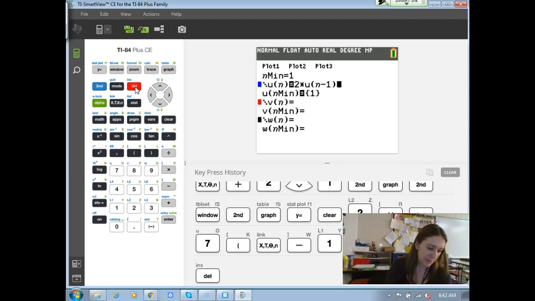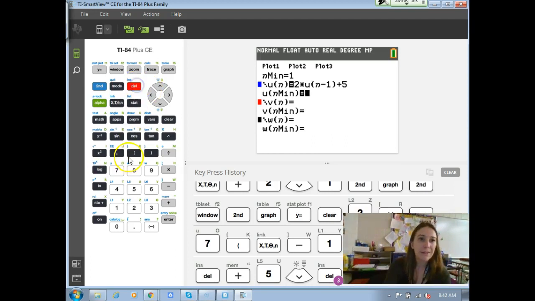Anywho, I think I lost half my formula here. Isn't it plus 5 at the end? Okay, there we go. And then remember, the first term is given to us, right? It's 7. There we go. I'm going to delete that. Delete.